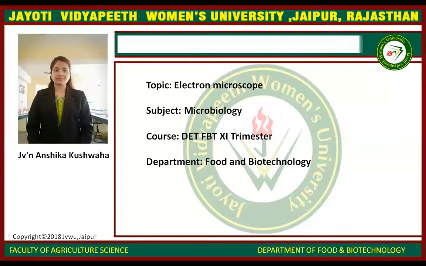So next is scanning electron microscope. A scanning electron microscope is a type of electron microscope that produces images of a sample by scanning it with a focused beam of electrons. The electrons interact with atoms in the sample, producing various signals that contain information about the sample surface, topography, and composition.